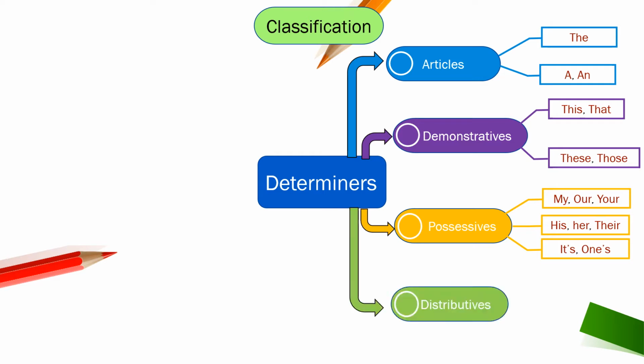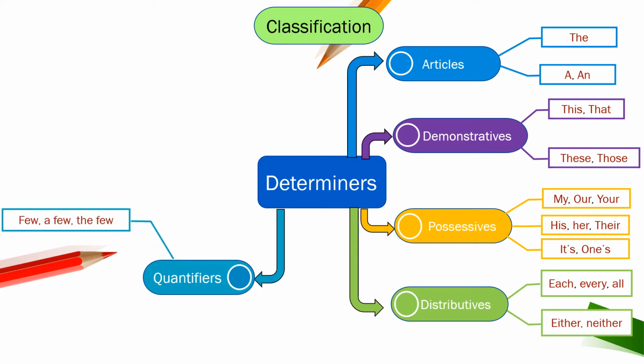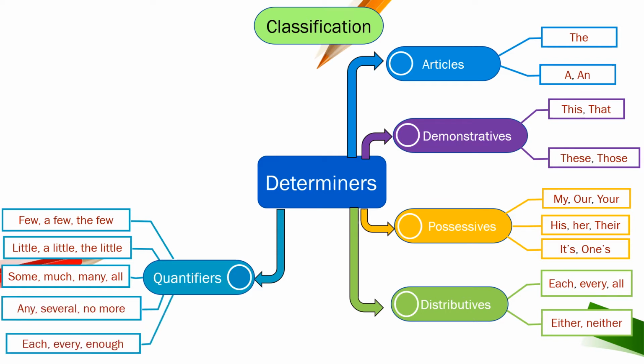Distributive: adjectives such as each, every, either, neither are used to talk about how something is shared out or divided. Quantifiers: words like few, a few, little, some, many, much, any, several, both, etc. indicate the quantity of a noun.